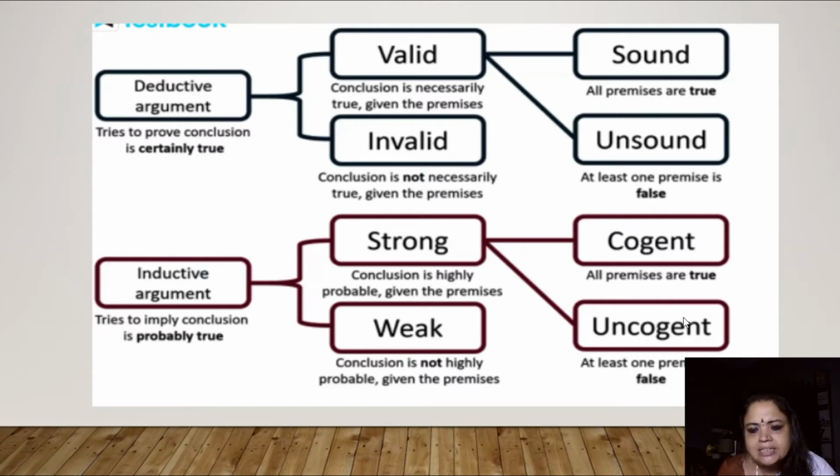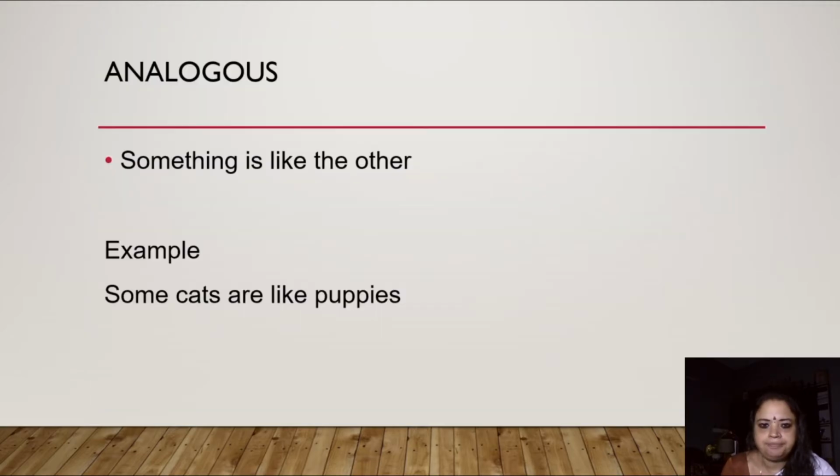If at least one premise is false, we say that it is uncogent. So these are certain terms associated with reasoning, and you need to know what a sound deductive argument and a cogent inductive argument are. This slide gives you detail about deductive and inductive arguments in terms of soundness and cogency.